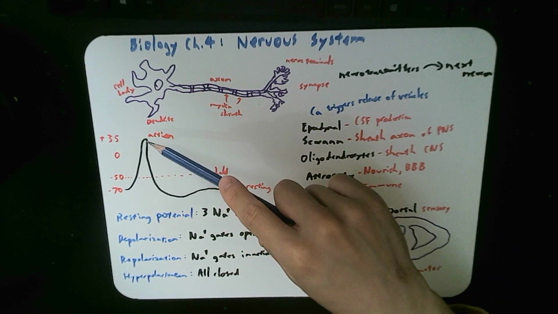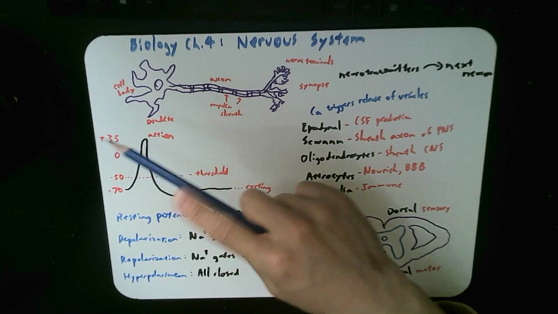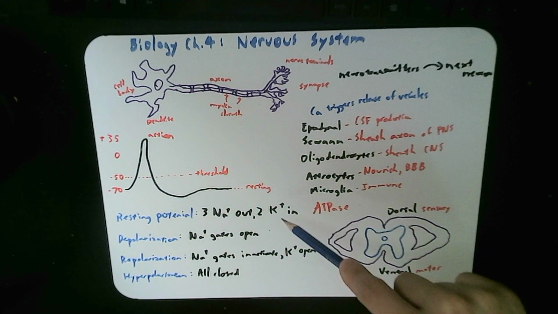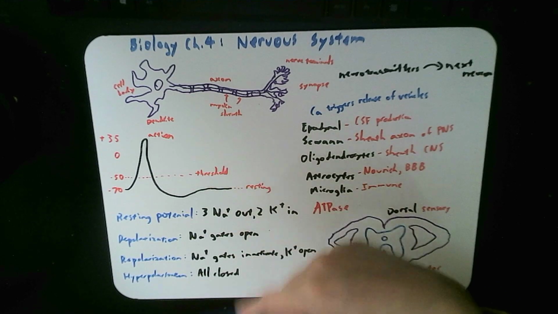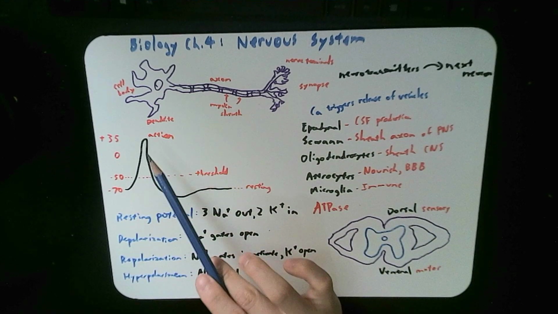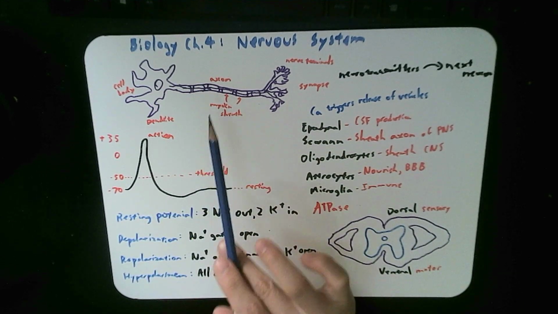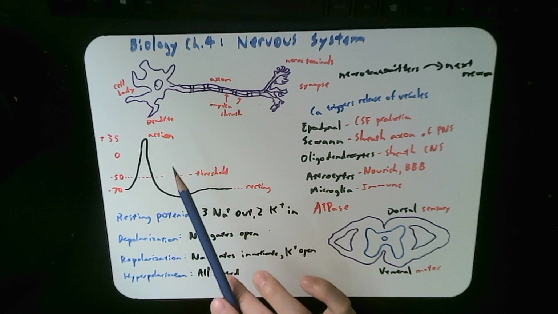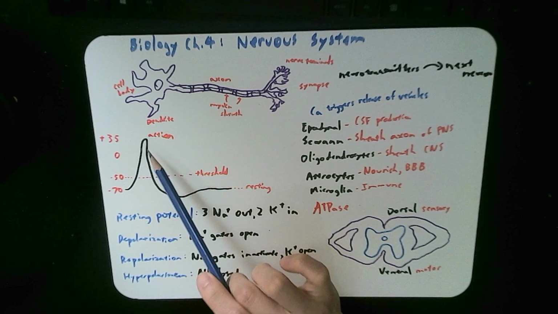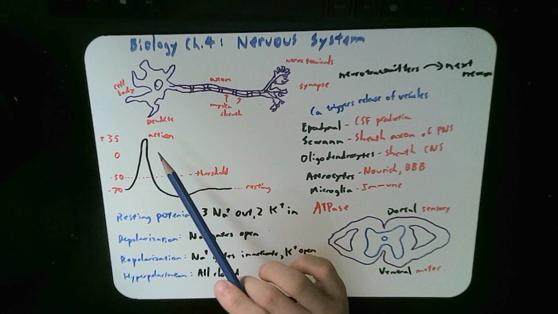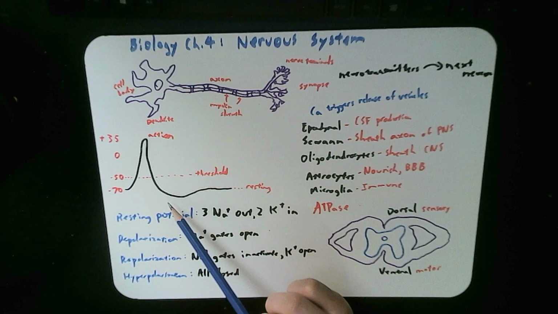But also, the main reason it's dropping is because potassium is coming outside as well. Potassium is trying to get outside due to its negative 90 millivolt equilibrium potential. So it's climbing outside, and it overcompensates.